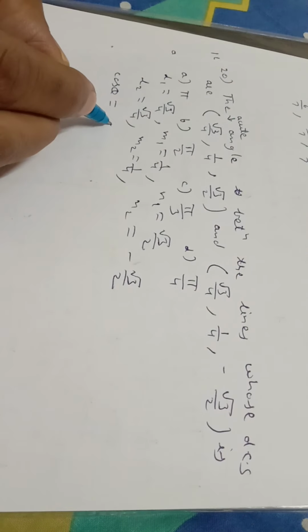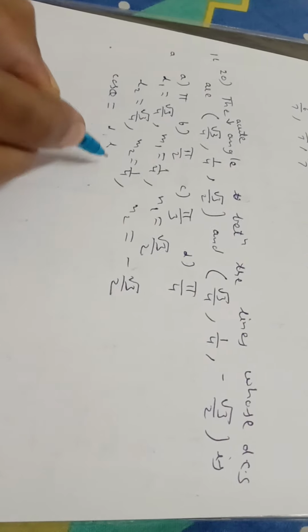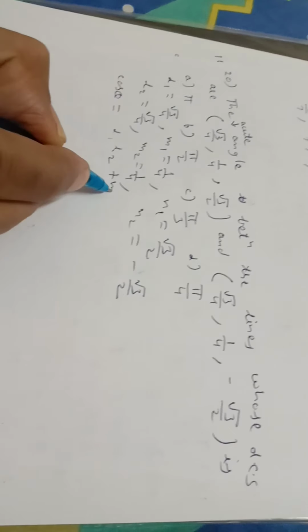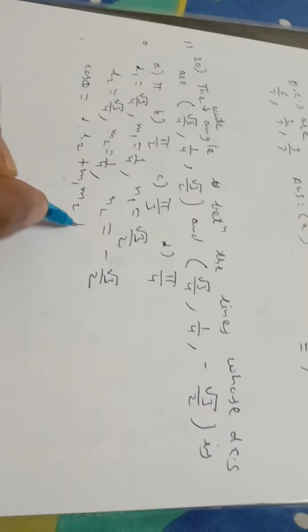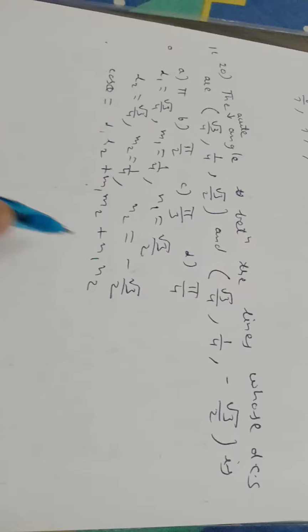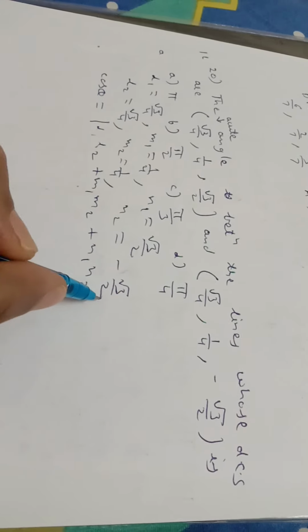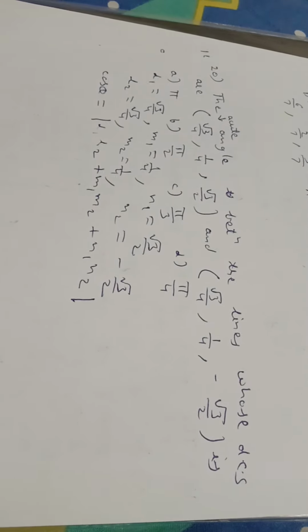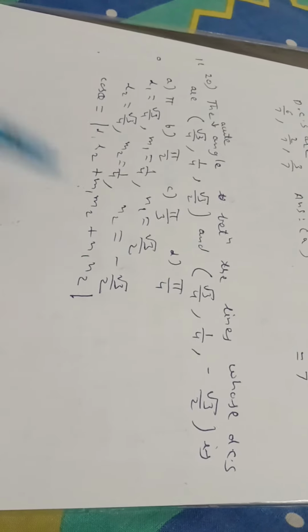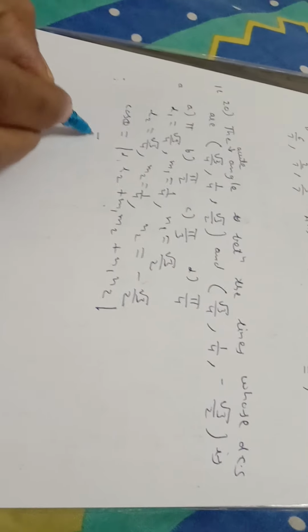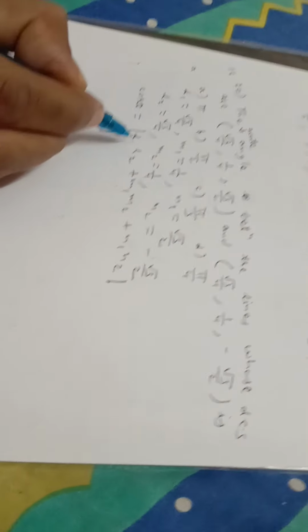So cos theta is given by l1 l2 plus m1 m2 plus n1 n2. Theta is an acute angle, so cos theta must be positive. So write down this expression in mod sign. Put the corresponding values.